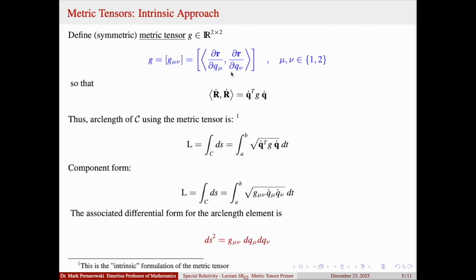They make a 2x2 matrix. And we'll give each one of those coefficients a name, in this case G sub mu nu.